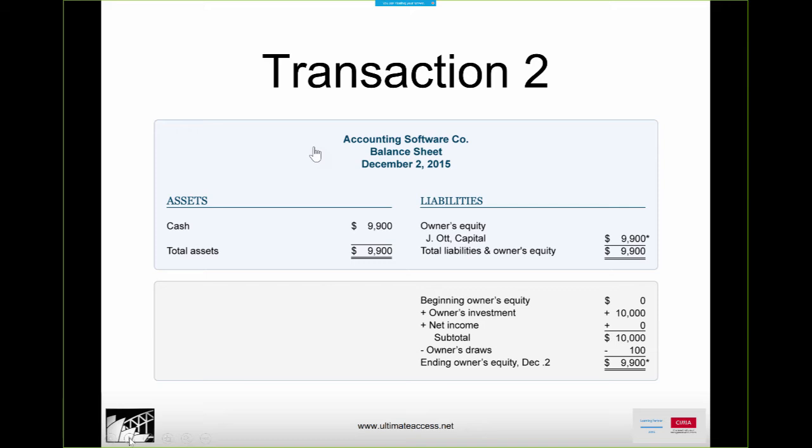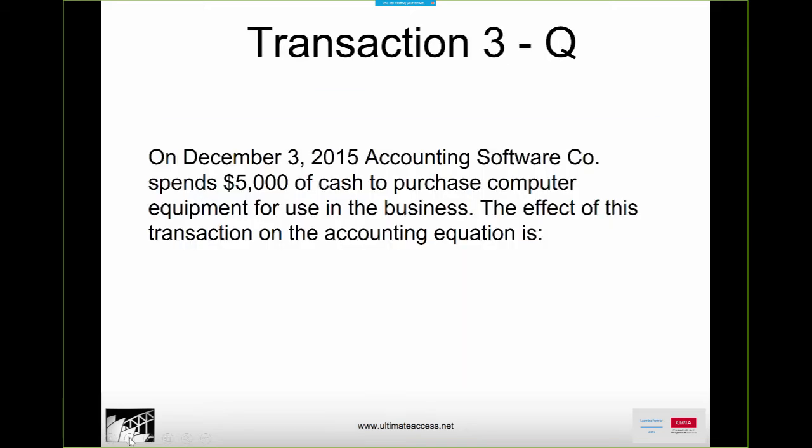On the 3rd of December, Accounting Software Company spends 5,000 of cash to purchase computer equipment for use in the business. The effect of this transaction on the accounting equation is what? What will get debited? What will get credited? Now I want you to answer me that.